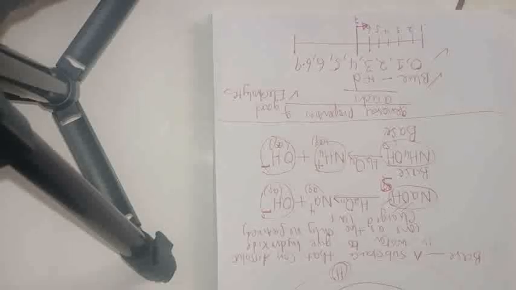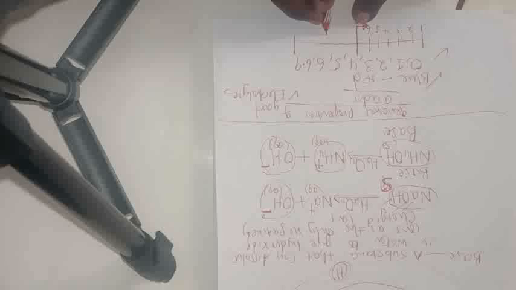It means that if I take a substance like hydrochloric acid and I dissolve it in water and the substance ionizes or dissociates, then that substance is going to give me hydrogen ions and chloride ions.